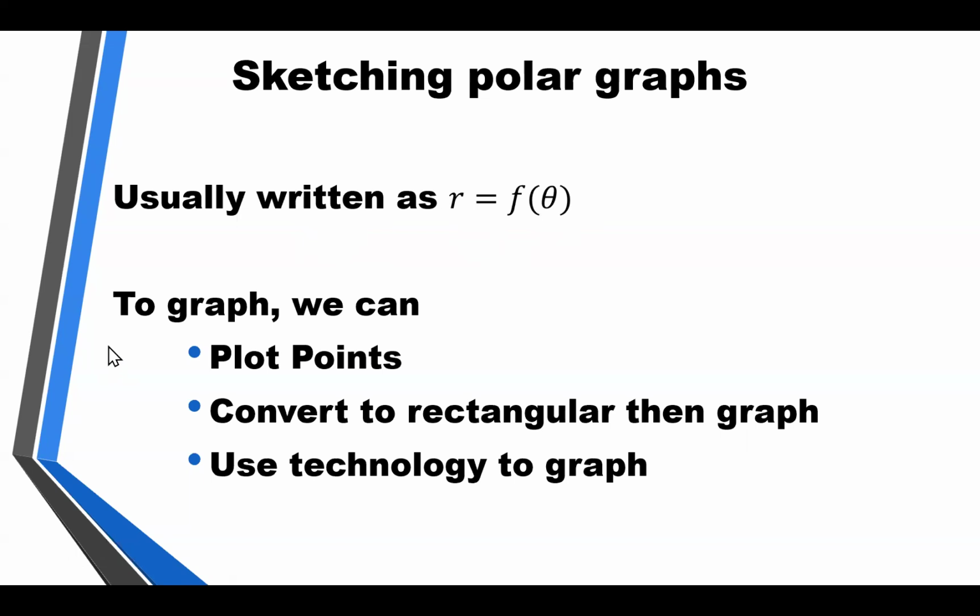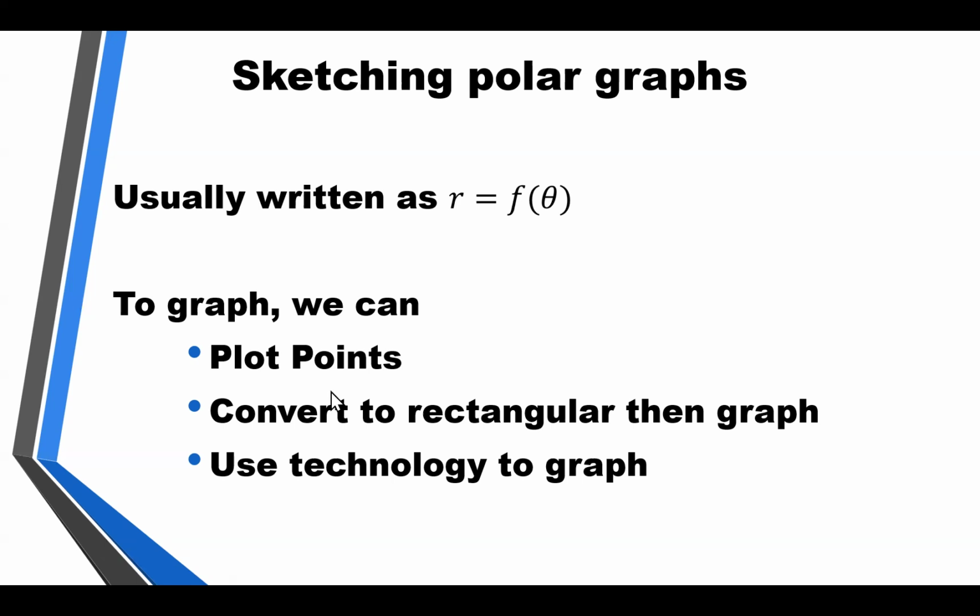Now, if we are going to graph, there are a few different ways we can do it. Obviously, we can plot some polar points, plug in different values of theta, and then plot the points. We can convert from polar into rectangular coordinates and then graph using the normal rectangular coordinate system, or we can use technology. For the most part in this section, I'm going to just use technology.